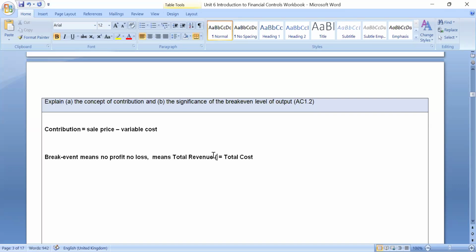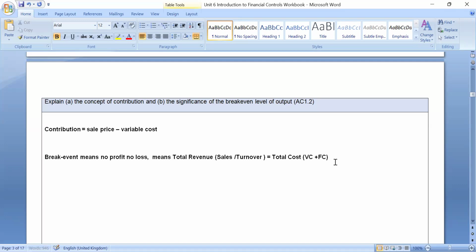Revenue means total value of the sale, or we can also call it turnover. It's the same thing. Total cost consists of fixed cost plus variable cost. When we add them, we call them total cost.